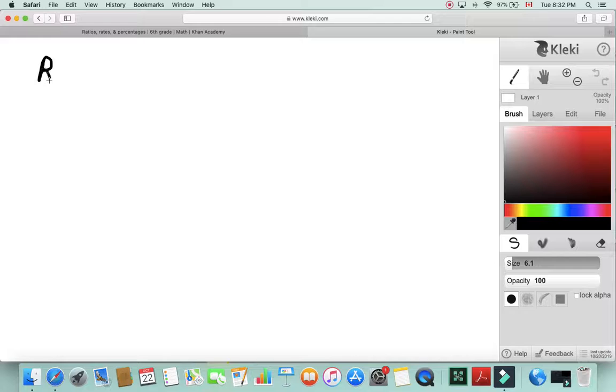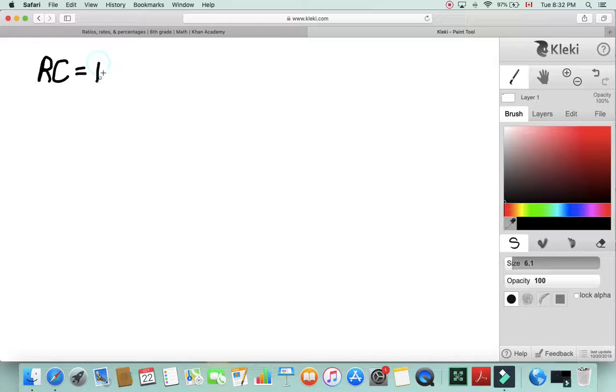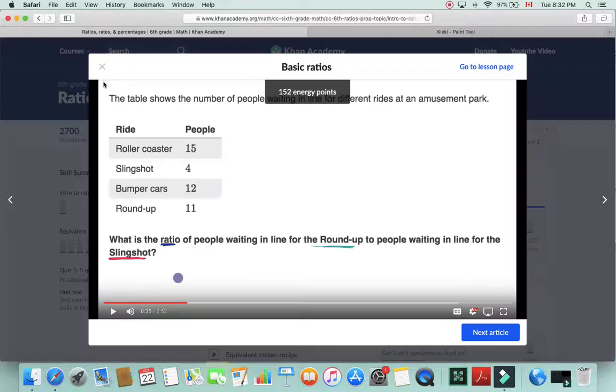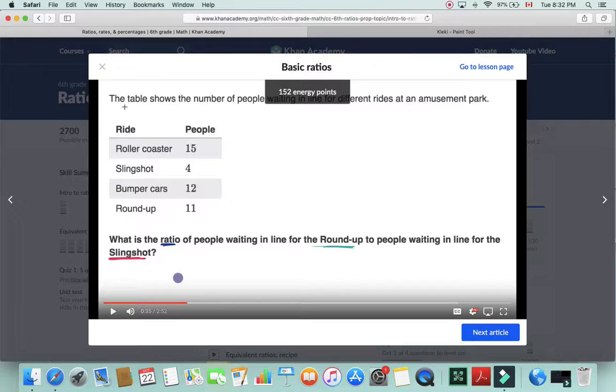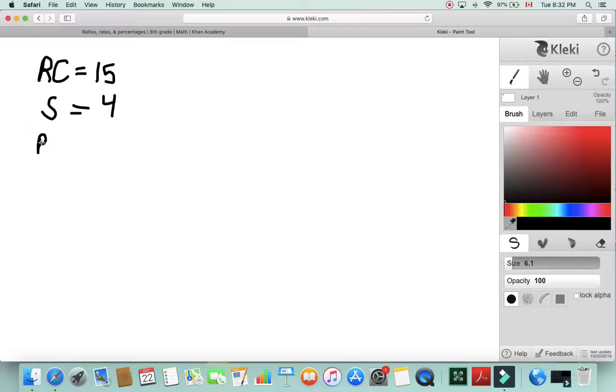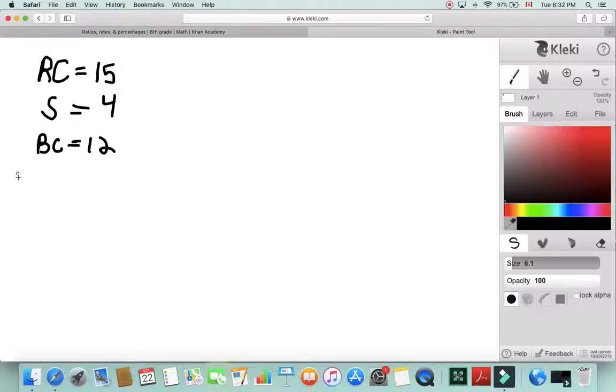RC has 15. Slingshot has 4. Bumper Cars has 12. And Roundup has 11.